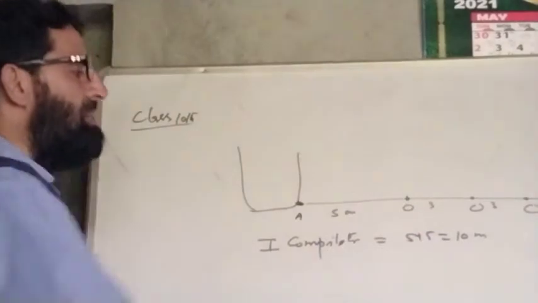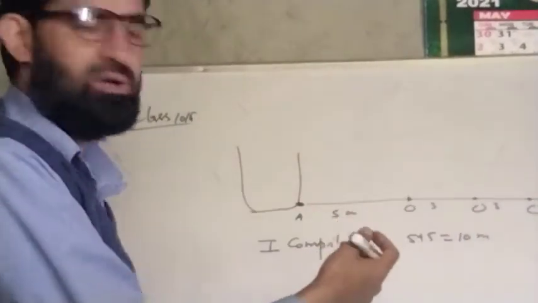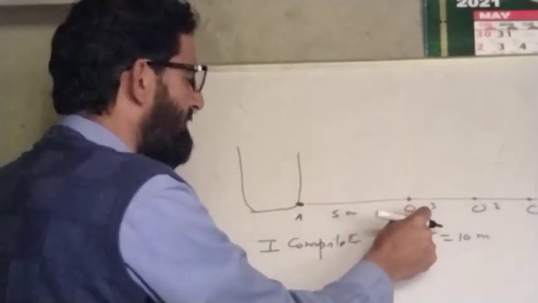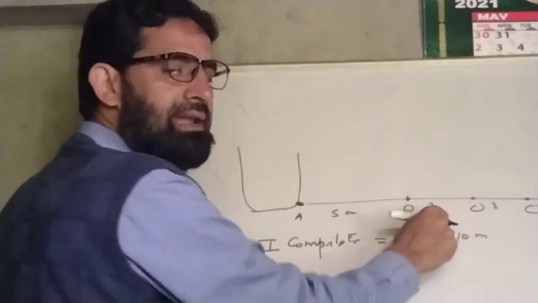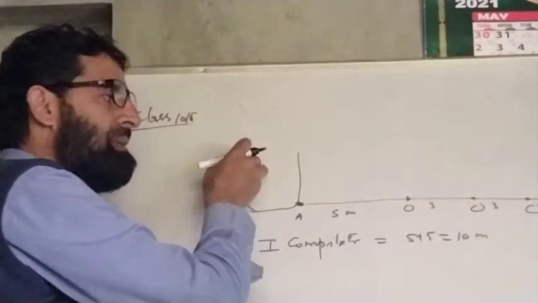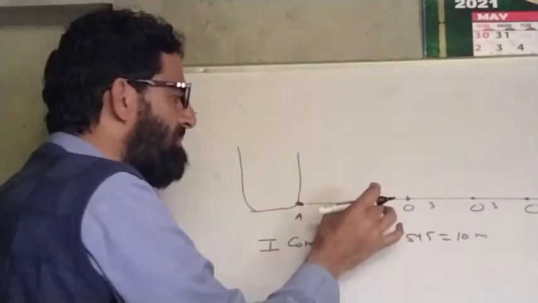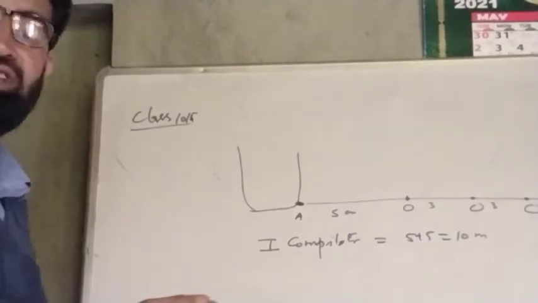Now each other potato has been placed 3 meters away from the previous one. Now see, the second competitor starts from A and covers 5 plus 3, that is 8 meters, then comes back and drops the potato in the bucket. That means he is covering 5 plus 3 plus 5 plus 3, that means 16.